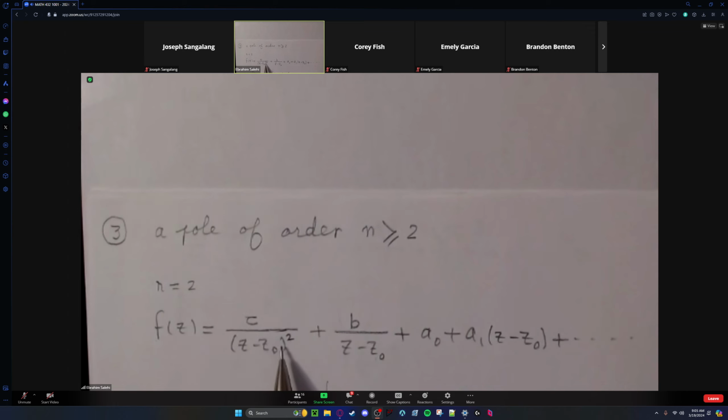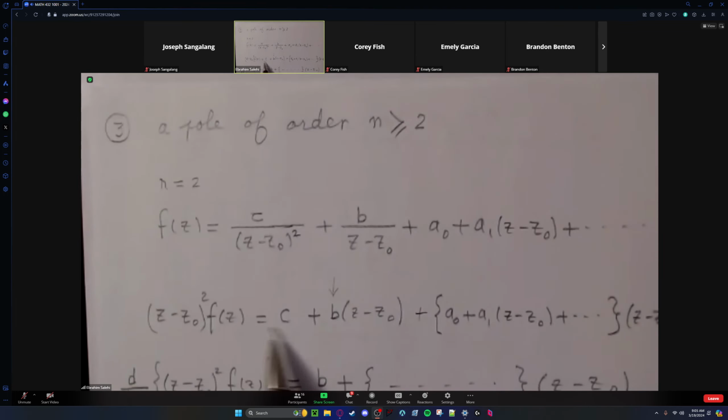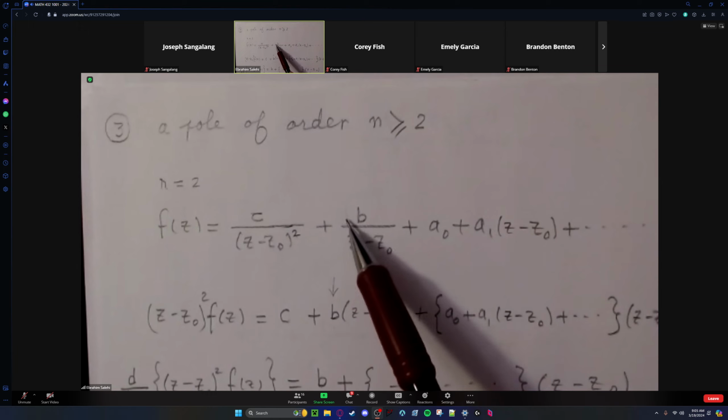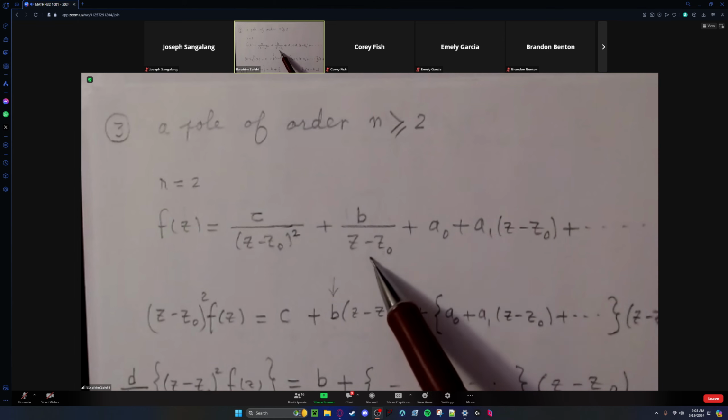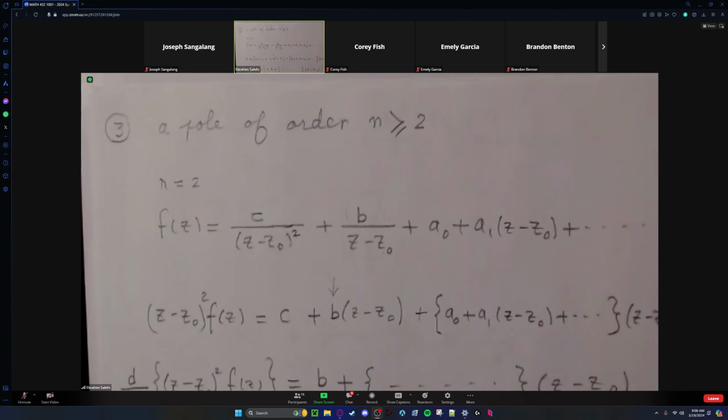This time we will multiply by z minus z naught squared to get this. But remember, I need the coefficient of this term, I need B. If I multiply by this, here is a constant, and B will be multiplied by this. But if I take the derivative now, this will be 0, and the derivative of this term will be B. So I'll have B.